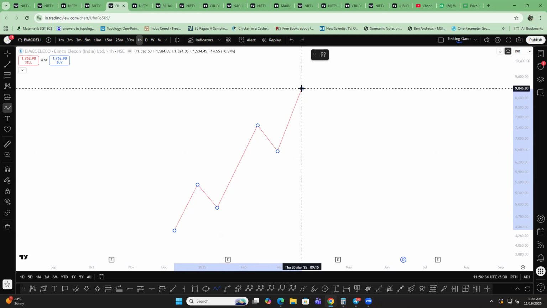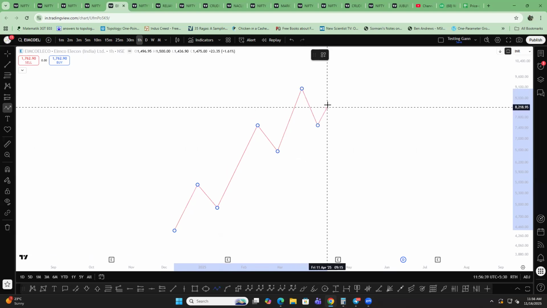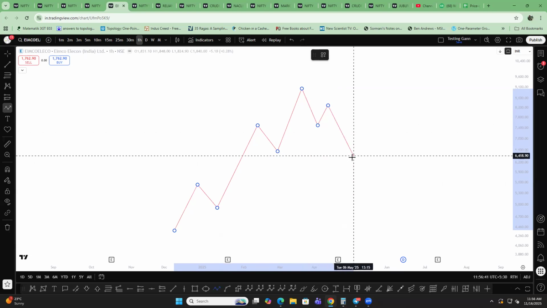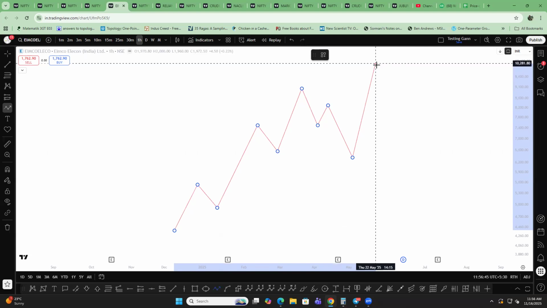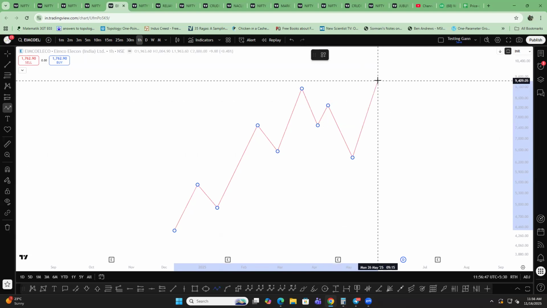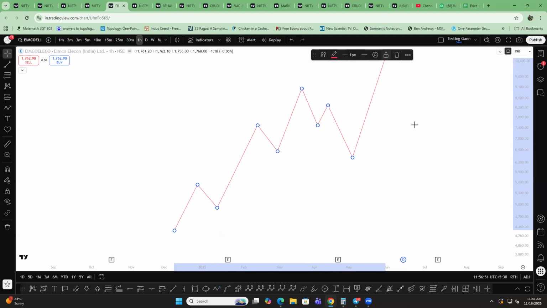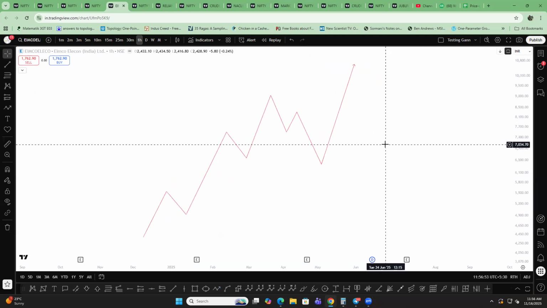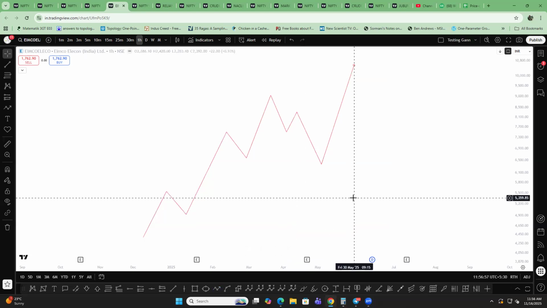After the 5-wave advance, an imminent ABC correction must follow, and then it will advance again in 5 waves. This is the standard Elliott wave structure that we are analyzing, and it works beautifully in markets.